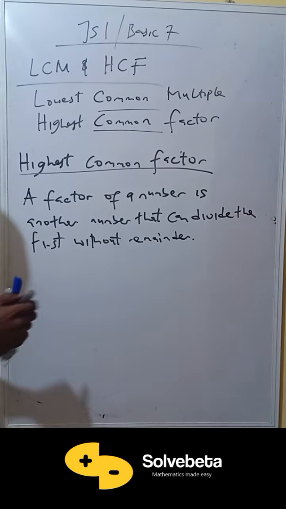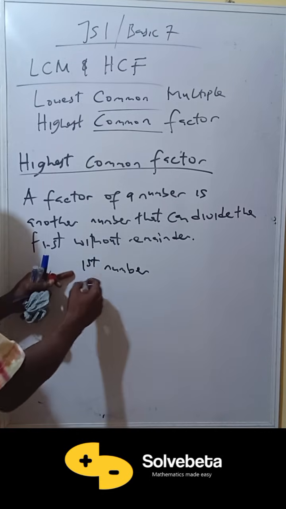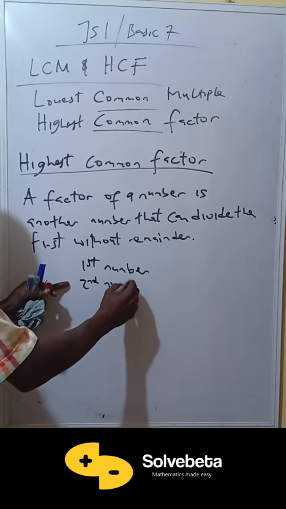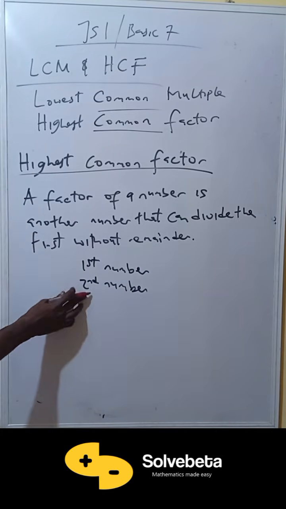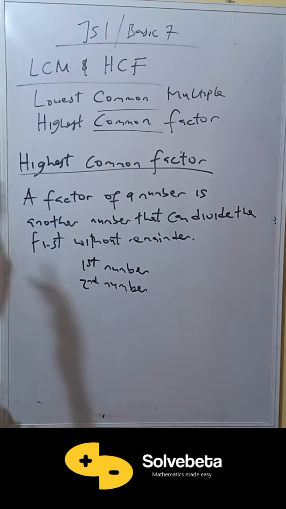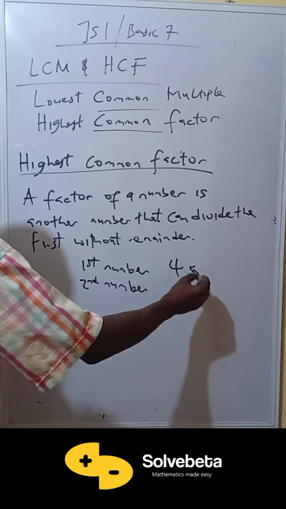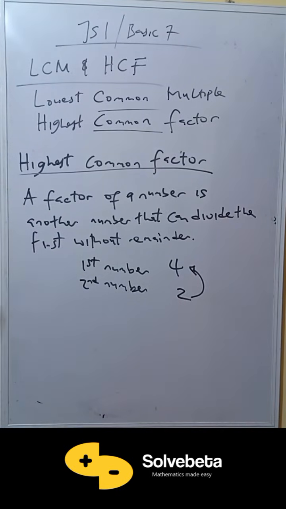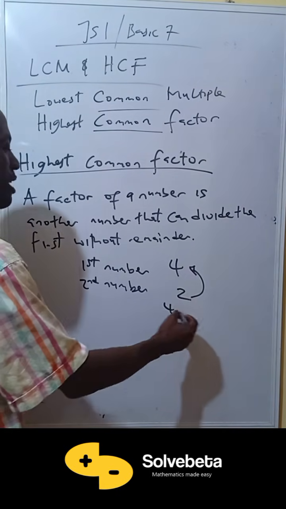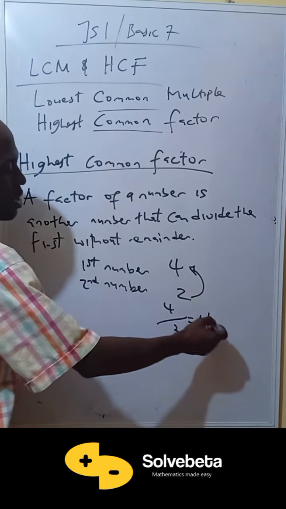So we are dealing with two numbers, the first number and the second number. We say that this second number is a factor of the first number if it can divide the first number without remainder. Just like if we have 4, we say 2 is a factor of 4 because 2 can divide 4 without remainder. Now 4 can be divided by 3, but we will have a remainder of 1/3.